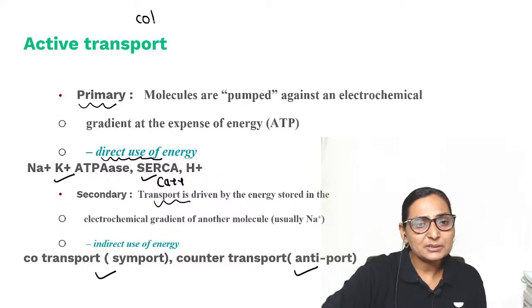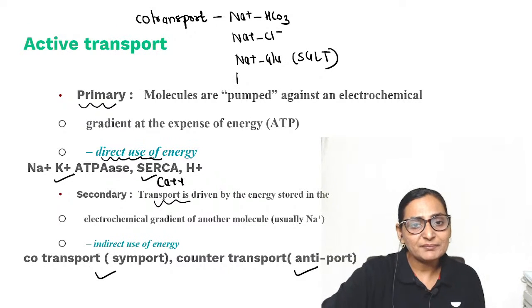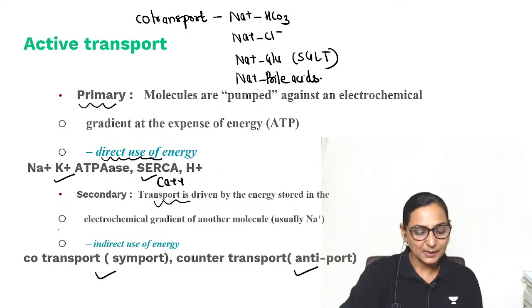Now, very important examples of co-transport are sodium bicarbonate, sodium chloride, sodium and glucose, that is SGLT, right? Then there is also sodium bile acids.